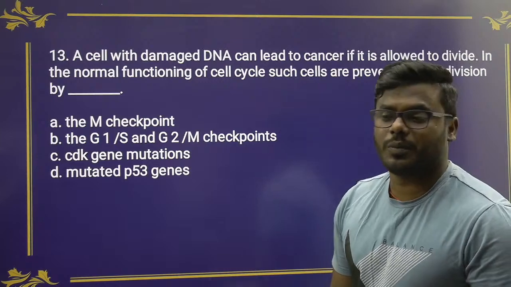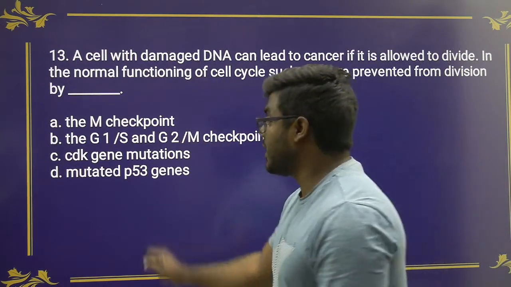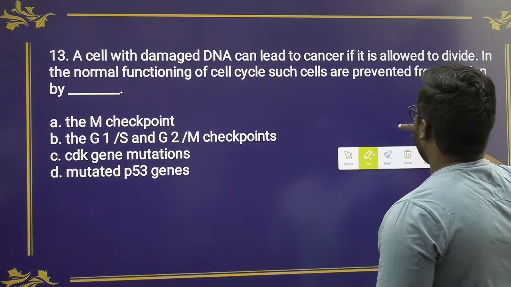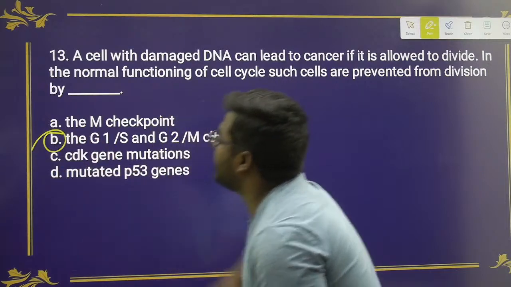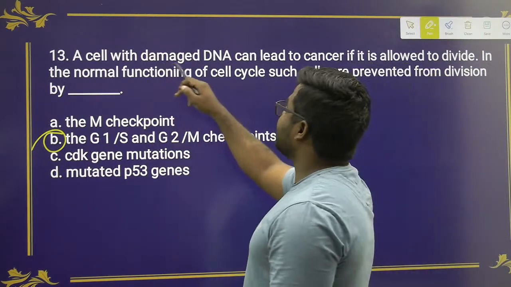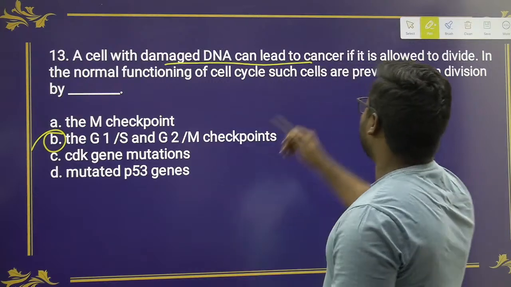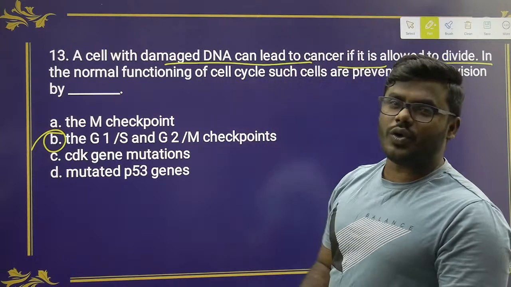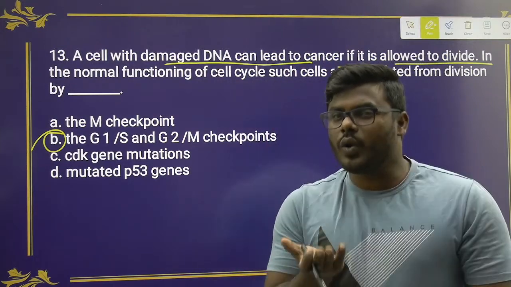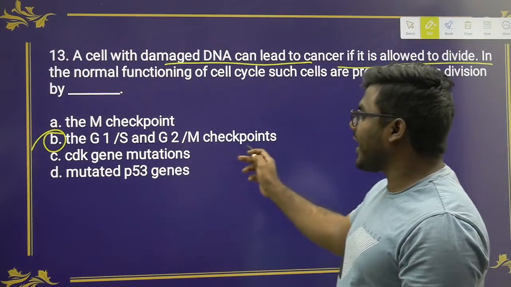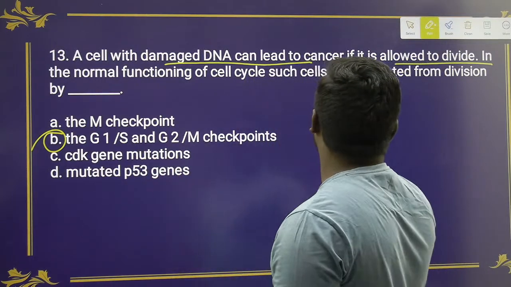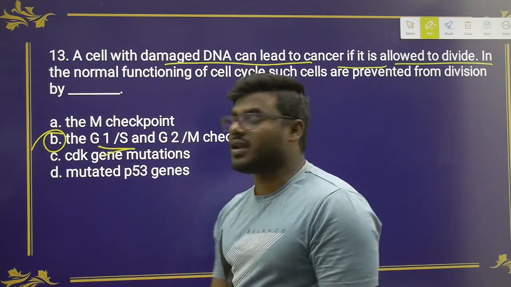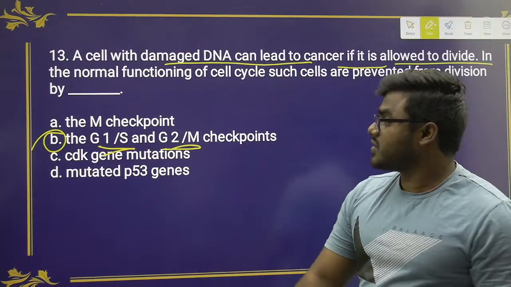Stop. Question number 13, the answer will be B. The question says that a cell with damaged DNA can lead to cancer if it is allowed to divide. If I don't want to allow it to divide, then what do I have to block? The cell can be prevented from dividing by blocking the G1 to S phase transition and the G2 to M phase transition.